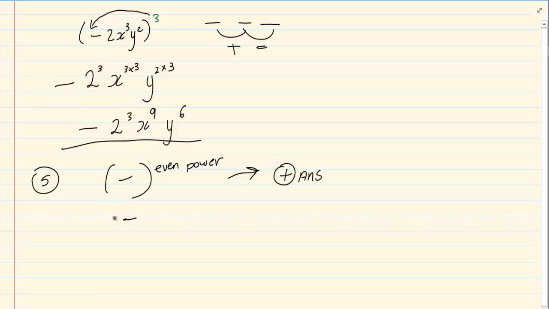But a negative to an odd power will give us a negative answer. Now when we are working with these negatives, we are specifically talking of the negatives that are in front of the question.